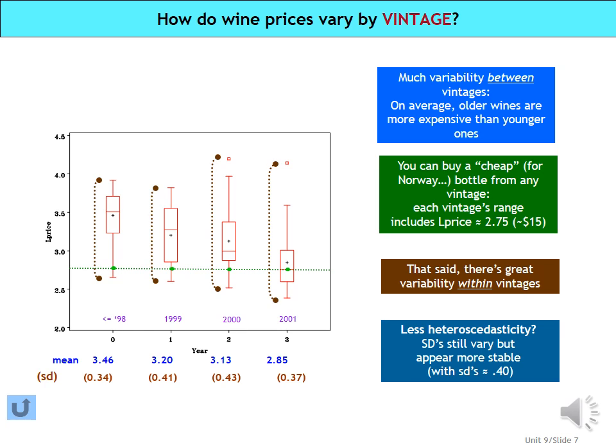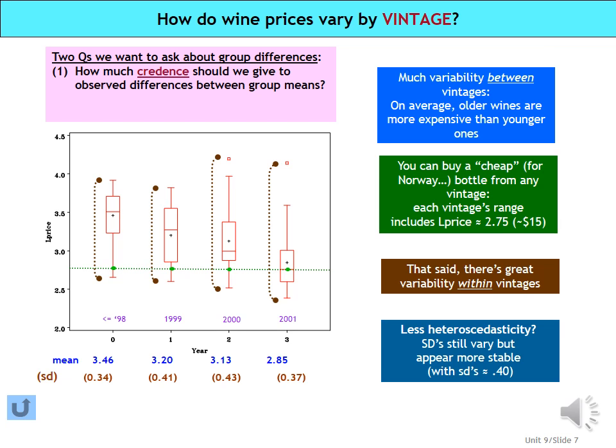Whenever you compare the within variation, they are somehow similar to each other. So there is less differentiation between the within variations.